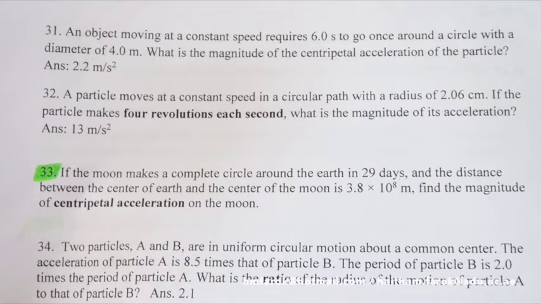So the moon goes around Earth in how many days? This is the lunar month. The lunar month is 29 days, yeah? Approximate here. And the distance between the center of Earth and the center of the moon is 3.8 times 10 to power 8 meters. Find the magnitude of the centripetal acceleration on the moon, which is A_C for the moon, yeah?